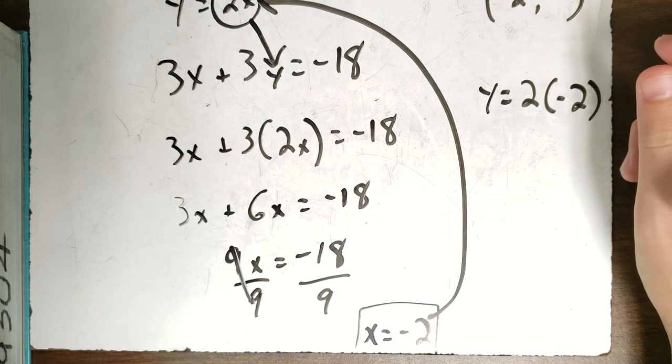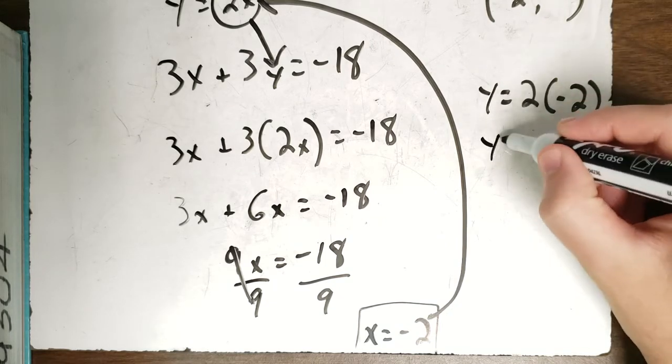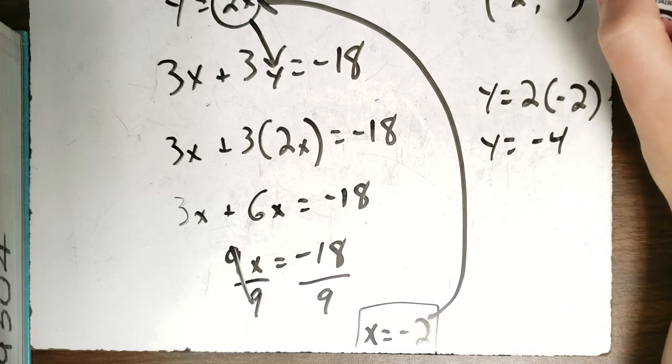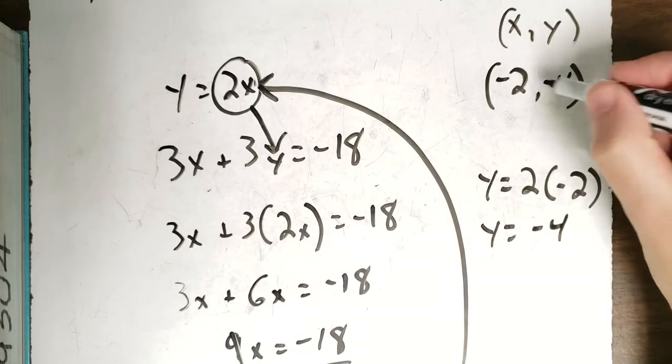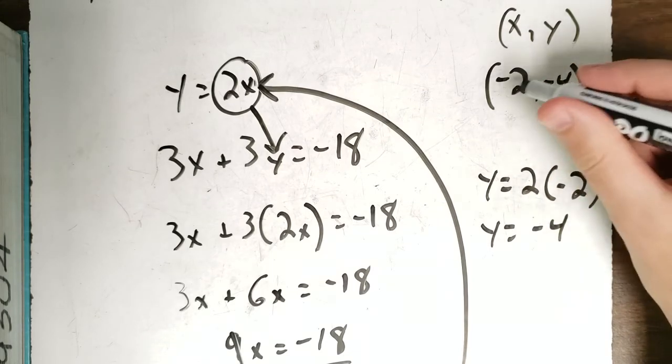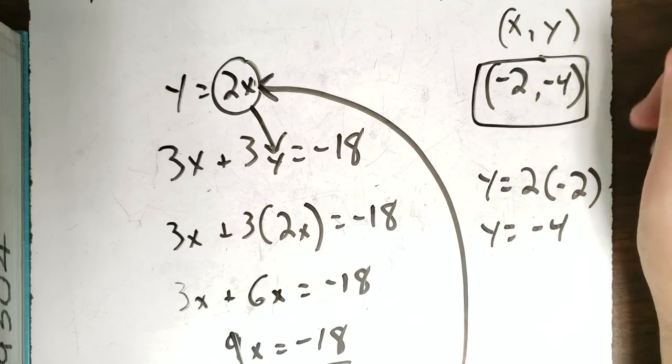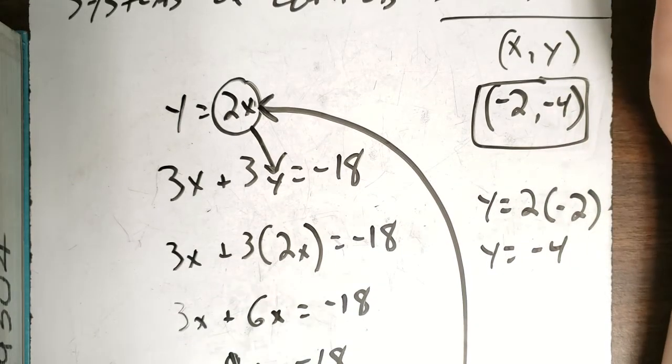Now, when we solve, y equals 2 times negative 2, which is negative 4. And that's going to be our final answer. Negative 2, negative 4, x y. That's our final answer.